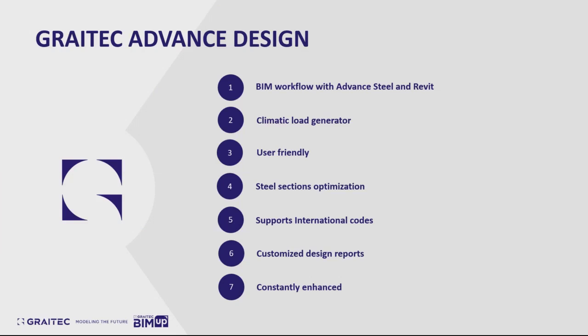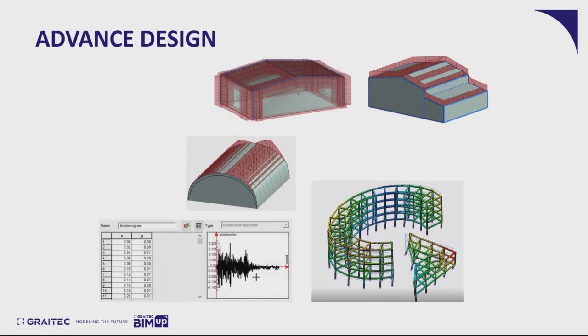So here I have some screenshots of Advance Design. Obviously this is going to be a brief overview of the software. In these screenshots you can see the full automatic load generators on this structure. We have used the automatic load generator for wind on this one, and here we have used the snow generator, which is automatic in Advance Design.